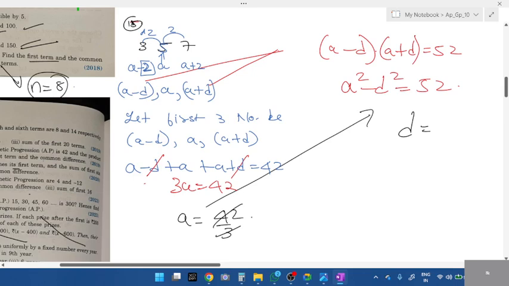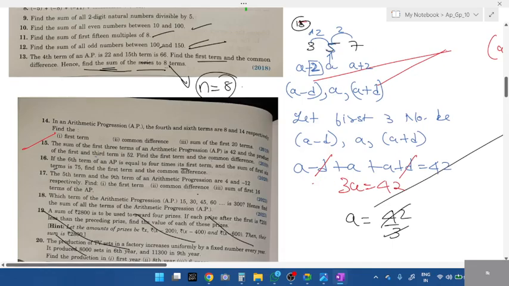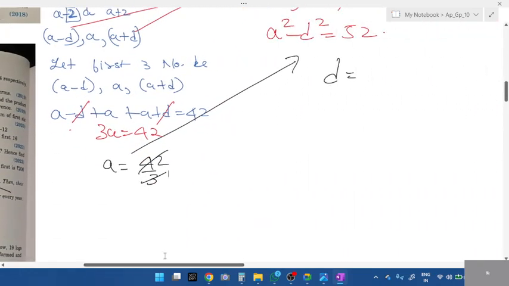Okay, let me check the answer. Exercise 10b, 15th question.